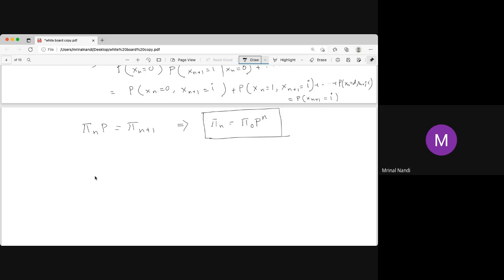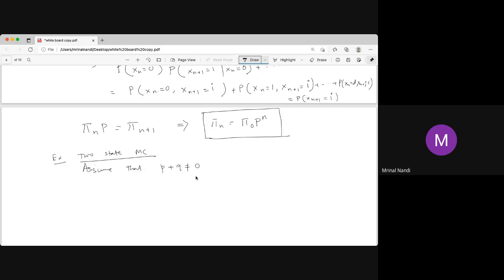So in the previous example, the two state Markov chain, assume that p plus q is not equal to 0.